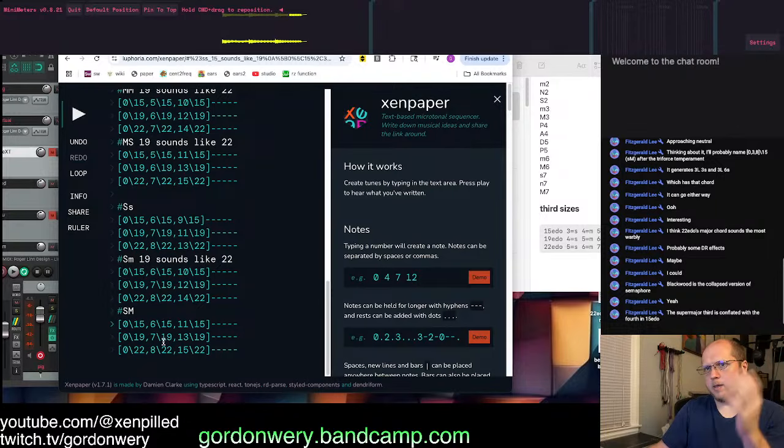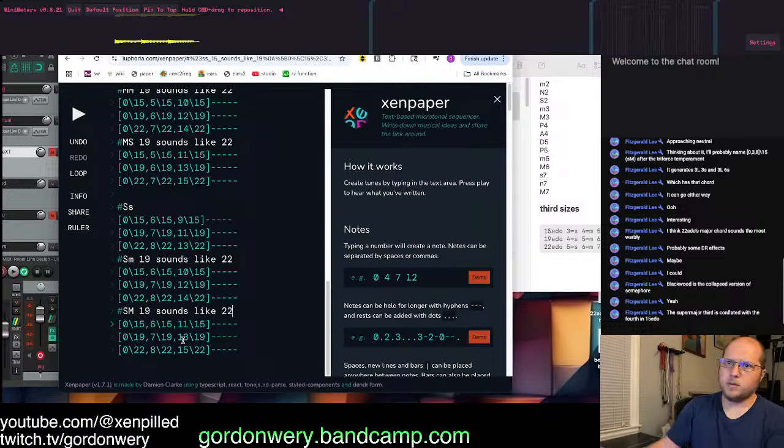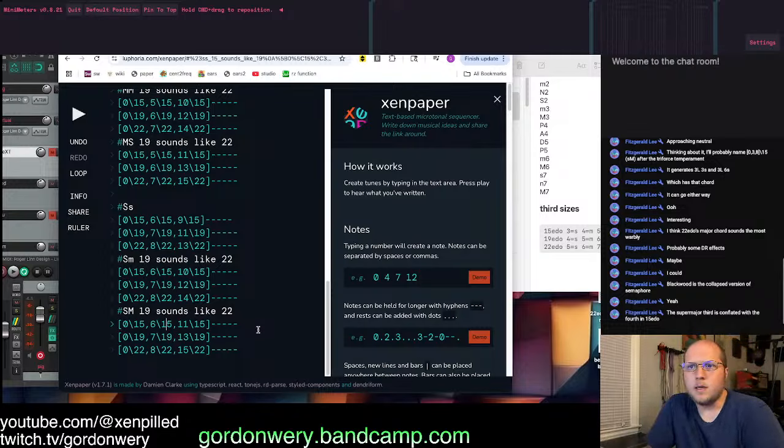Since 19 and 22 both support magic, these are both magic major triads. They sound very similar. And then 15, it is a major chord inverted. It's just an inversion of a major chord.